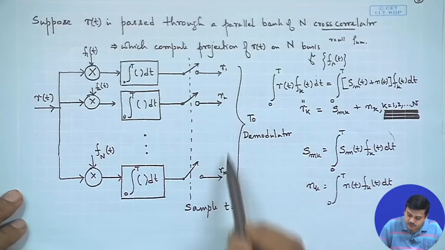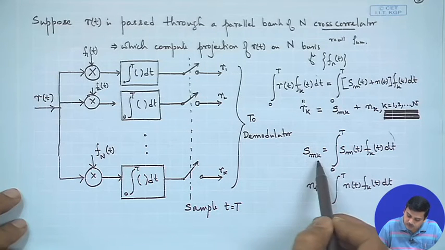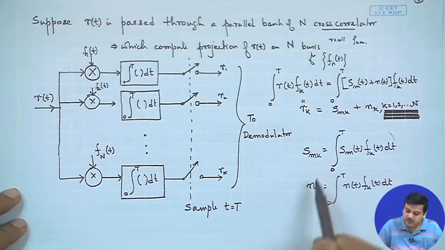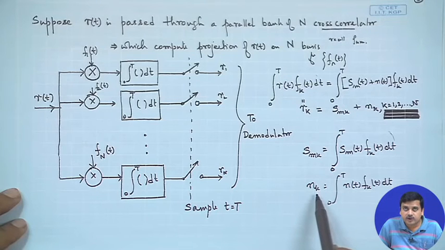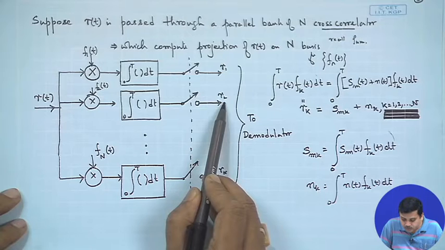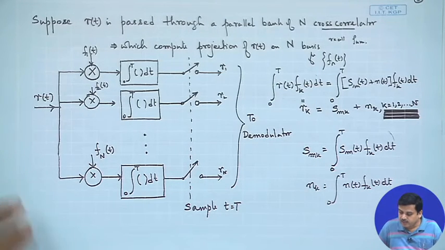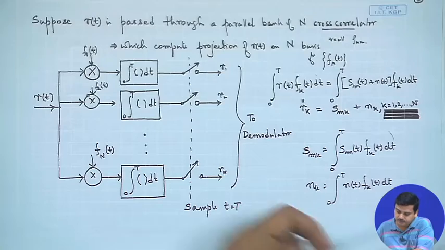Now, these components we studied are made up of the component of the signal on the basis function as well as the component of noise on that basis function. So, each received component had a component of signal and a component of noise.